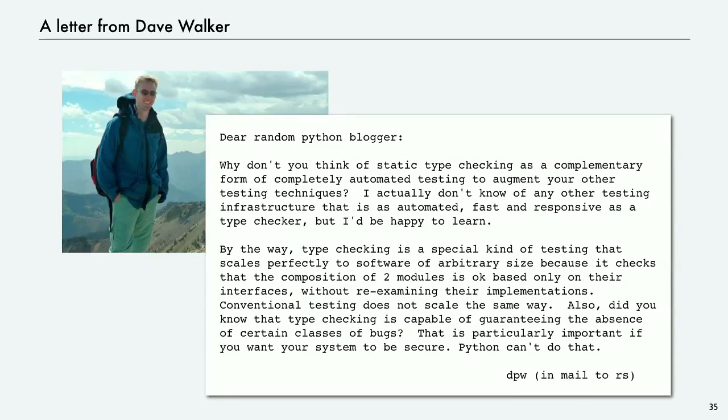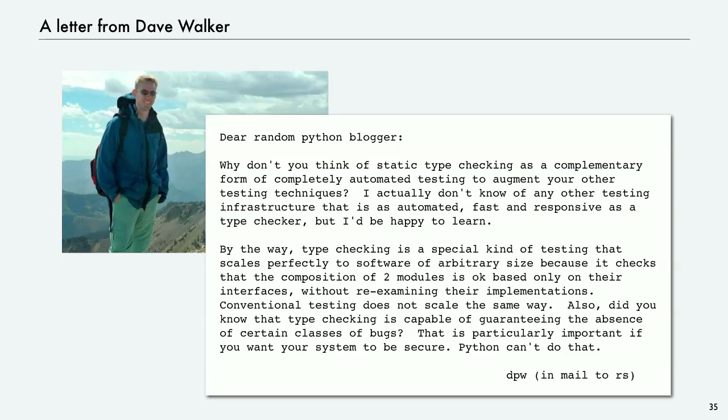Dear Random Python blogger, why don't you think of static type checking as a complementary form of completely automated testing to augment your other testing techniques? I actually don't know of any other testing infrastructure that is as automated, fast, and responsive as a type checker, but I'd be happy to learn.